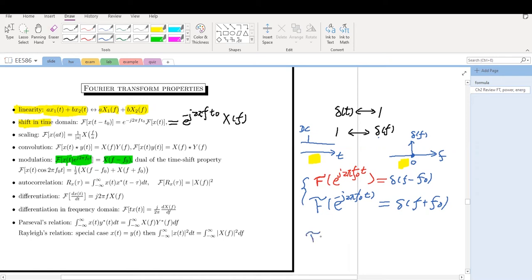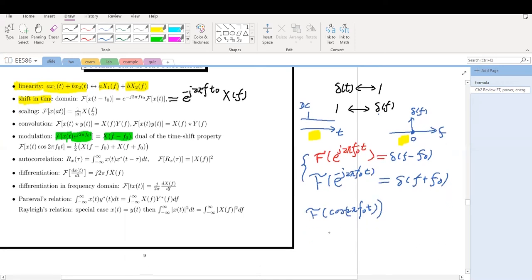Now we can obtain the Fourier transform of cosine 2 pi f naught t. We're going to use Euler's formula: half e to the power j 2 pi f naught t plus e to the power minus j 2 pi f naught t.